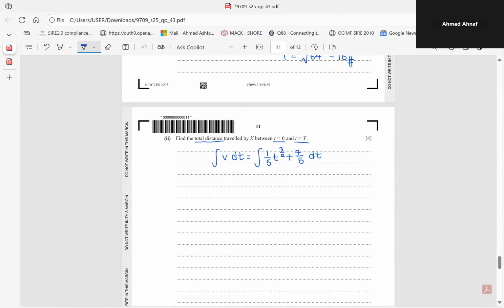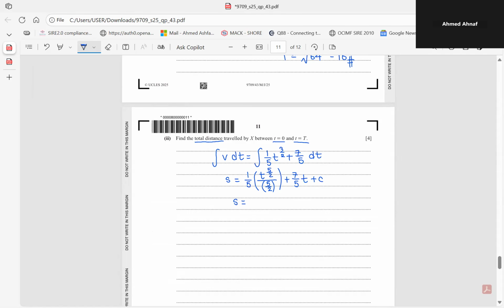Okay, so this is s, and to integrate 1 over 5 times t to the power of 3 over 2, it's 1 over 5 times, 3 over 2 plus 1. You'll get t to the power of 5 over 2 divided by 5 over 2, plus the integral of 7 over 5, that is just 7 over 5 t plus c.